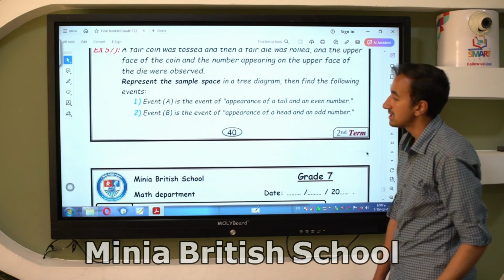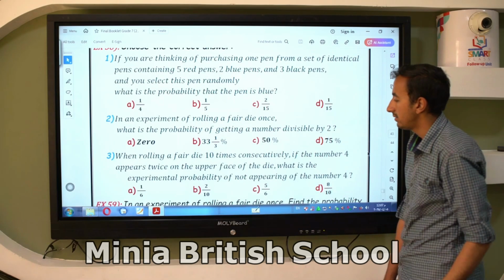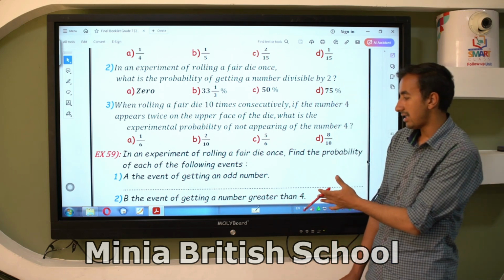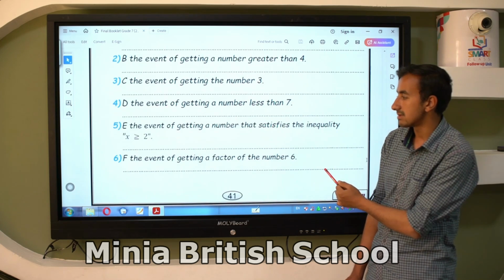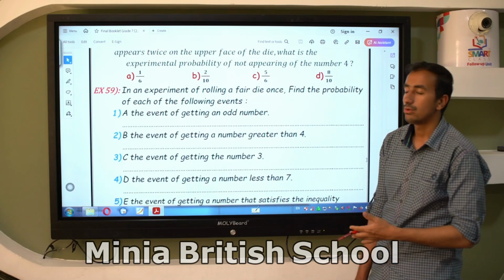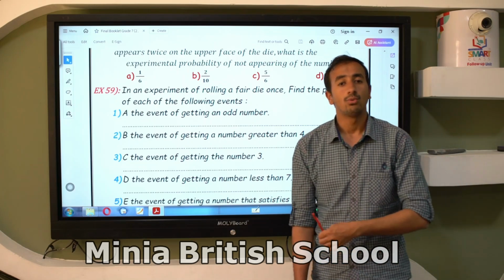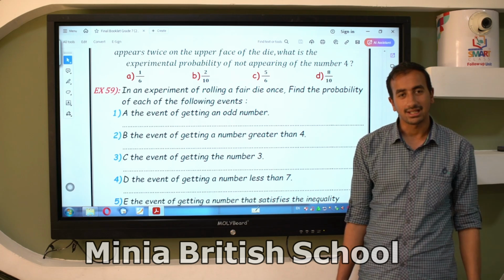Here I have this example on theoretical probability, and getting odd numbers and even numbers with this die. You can solve it by yourself. By the end of this lesson, we finish the revision for all of the lessons of the second term.